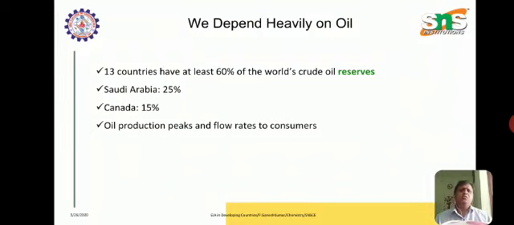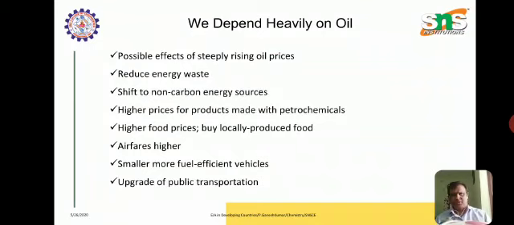Even though India has Mumbai High and the Kaveri Delta region, Ankleshwar in Gujarat, and Digboy in Assam, where there are oil resources, they are not comparable with Saudi Arabia and the other Gulf countries. Why do we depend heavily on oil? Because of the possible effects of steeply rising oil prices. The more we depend on it, the more the price automatically rises.